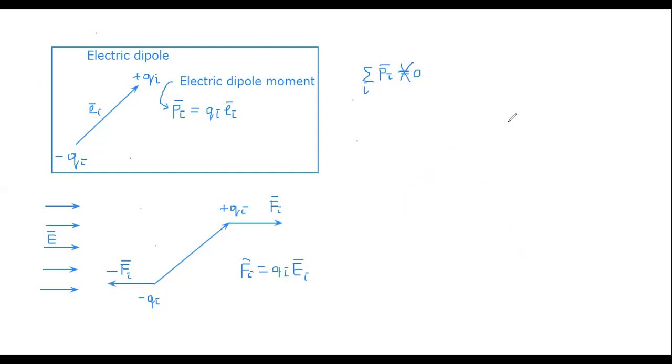There will not be zero, because we will have more dipoles that are oriented in the direction of the electrostatic field. Okay, is it clear?